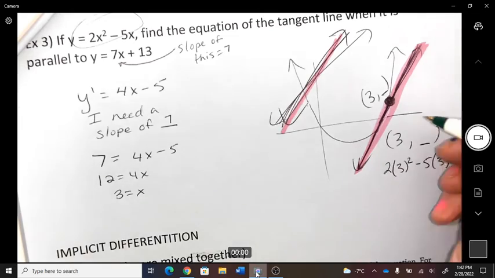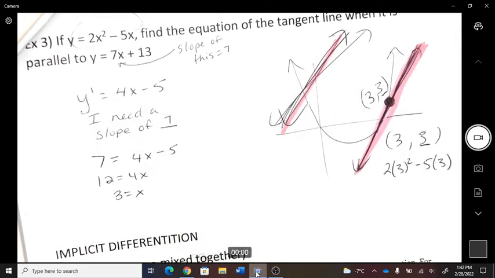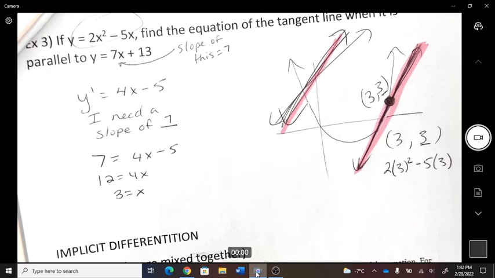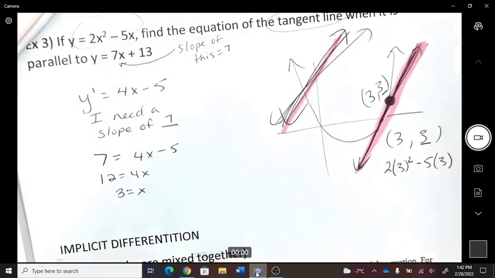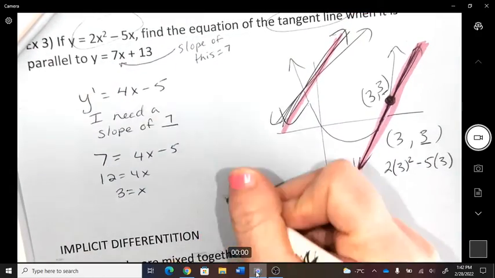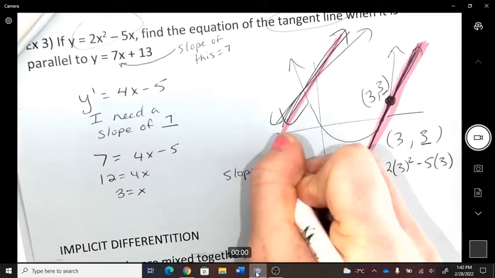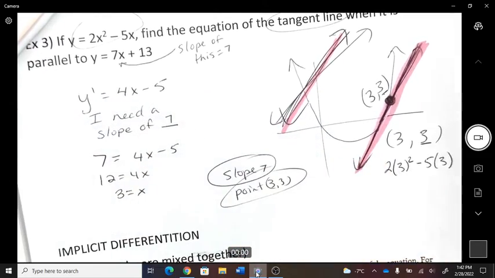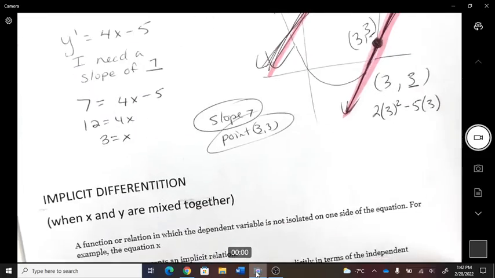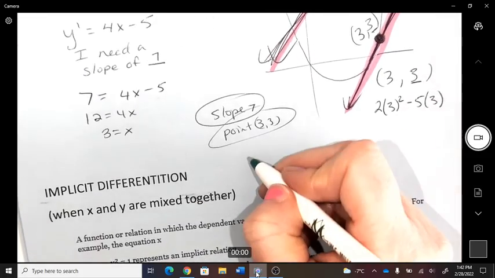Okay, I'm getting, I think, a 3. Okay, so my final equation, find the tangent line. So I have a slope of 7 and I have a point, (3, 3). So can you give me an equation now that we know the slope and the point?